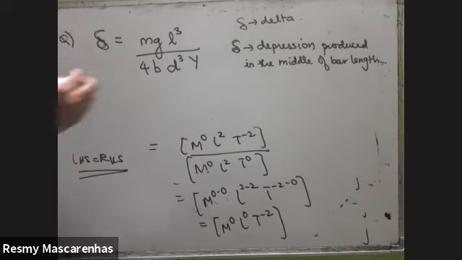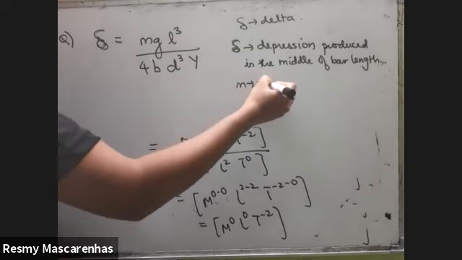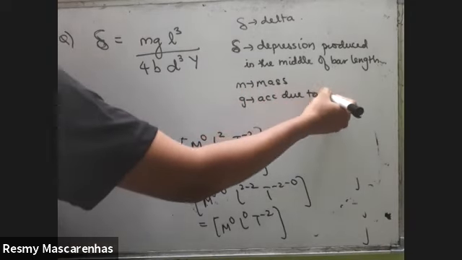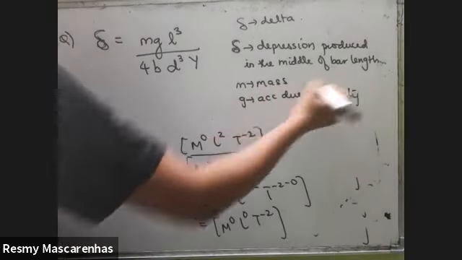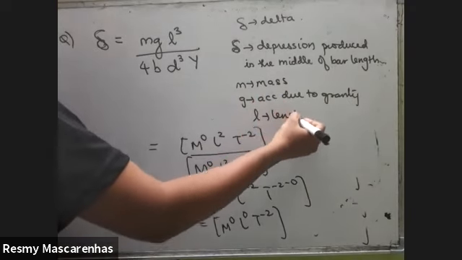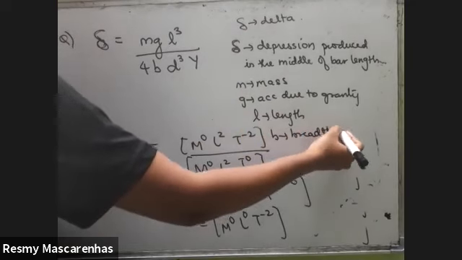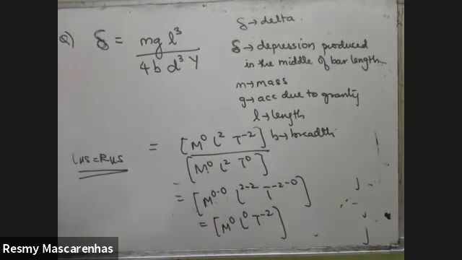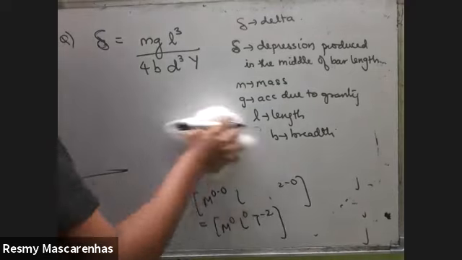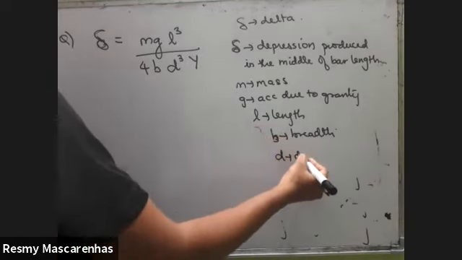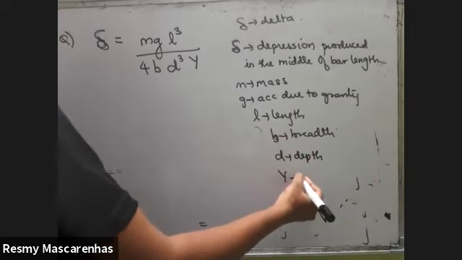M is mass. G is obviously acceleration due to gravity. L is length, B is breadth, D is depth, Y is Young's modulus.